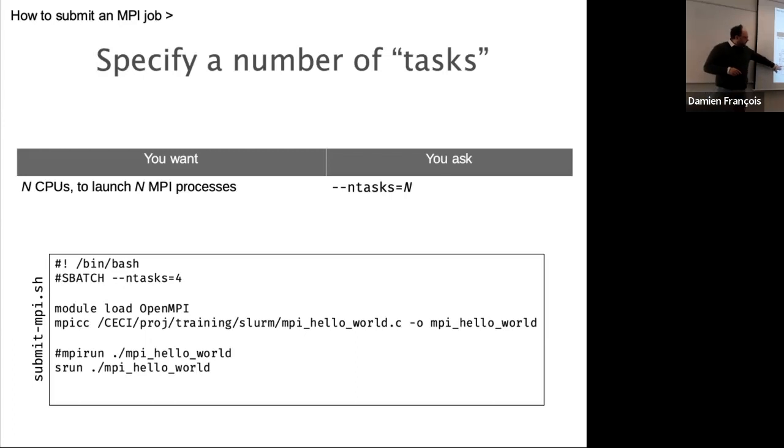The difference between starting with mpirun or with srun is mostly technical. srun is a Slurm utility. mpirun is an Open MPI or MPICH utility. But both are actually using information provided by the other.